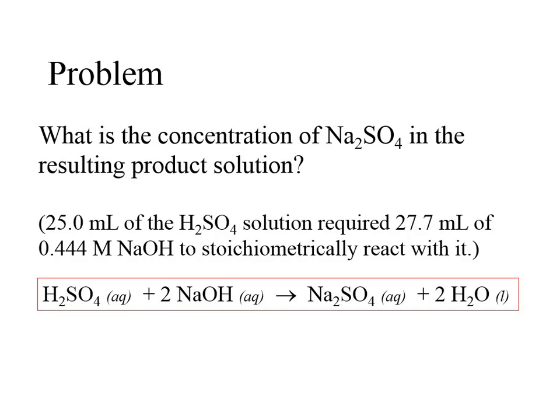Let's kind of put underneath the stuff what we know about and what we're after. Okay. It says, what is the concentration of Na2SO4? So that's a product. So question mark molarity. Okay. And then it gives this information that we just worked with before.